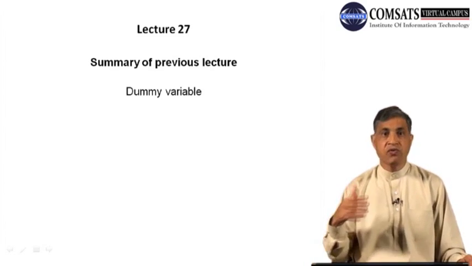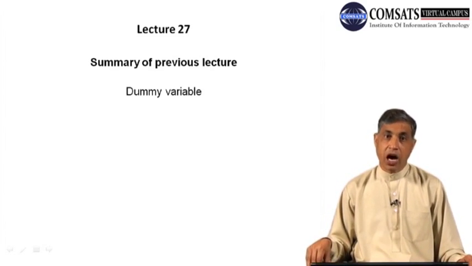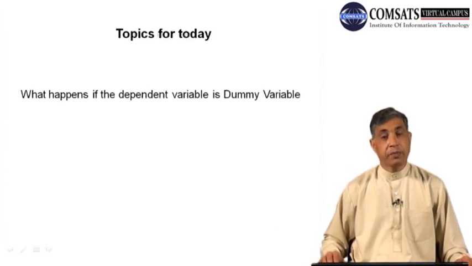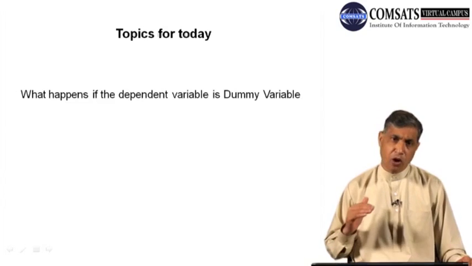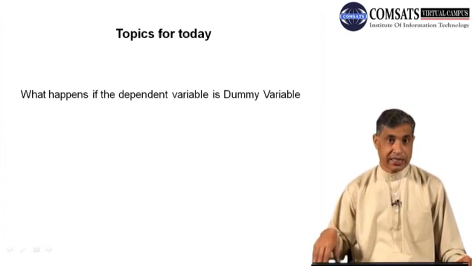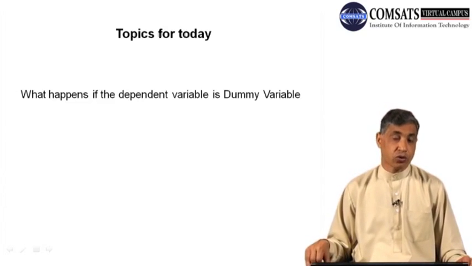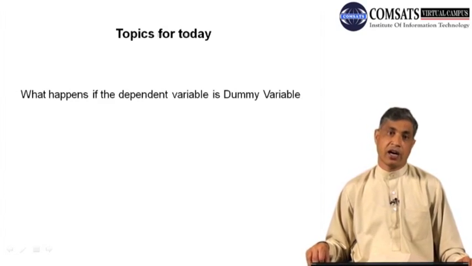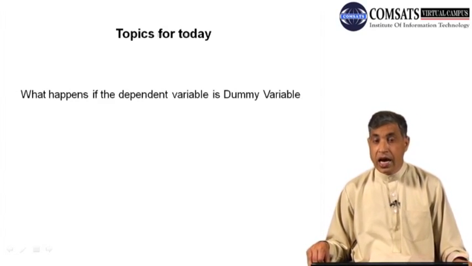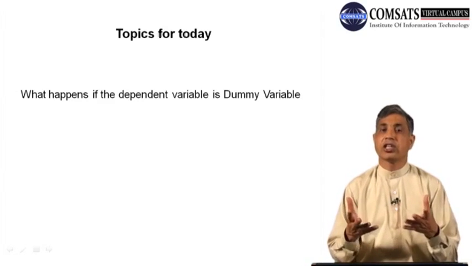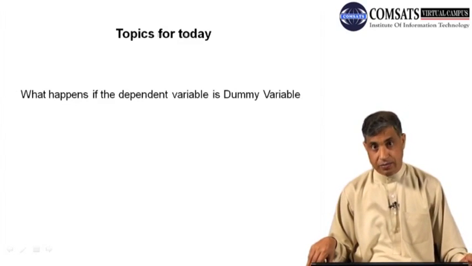After this, we will continue our discussion about what happens if the dependent variable is a dummy variable. Now another regime is starting, and it is a very interesting regime, particularly for those who conduct surveys and come to know that their dependent variable is categorical or a dummy variable.